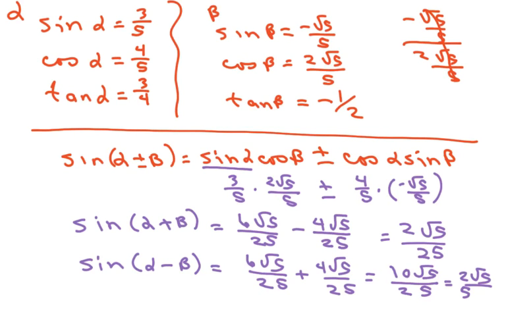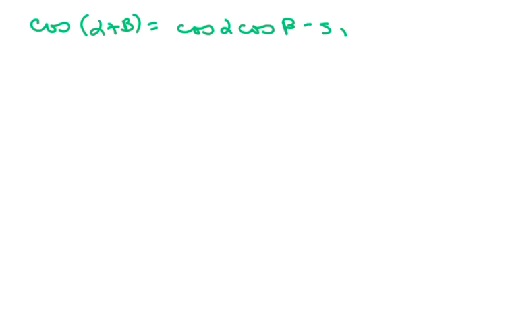Now the next one we want to do is cosine of alpha plus beta. So we know that cosine of alpha plus beta equals cosine of alpha cosine of beta minus sine of alpha sine of beta. And you just fill everything in.